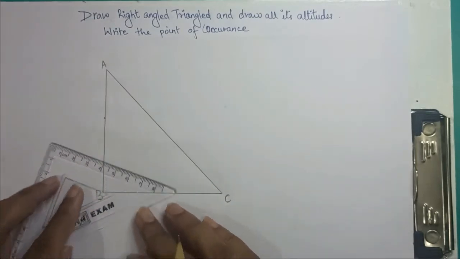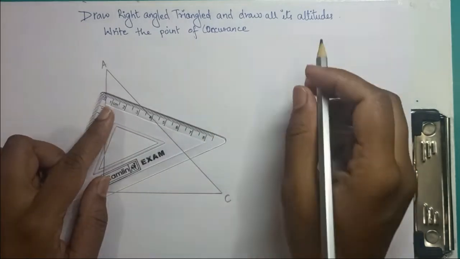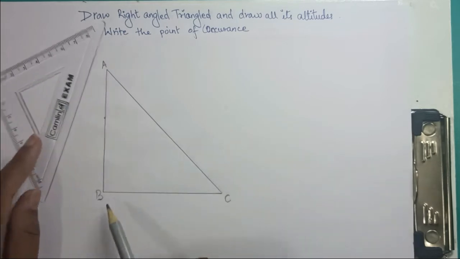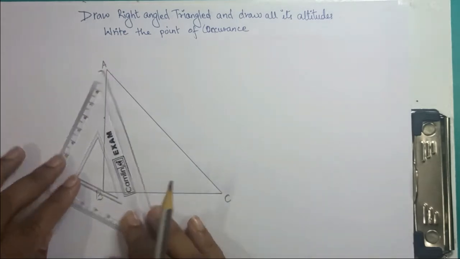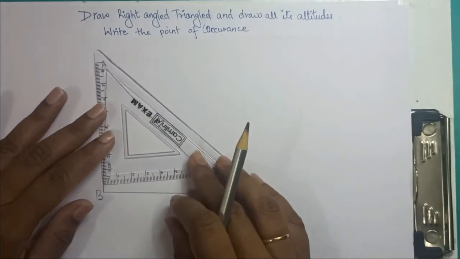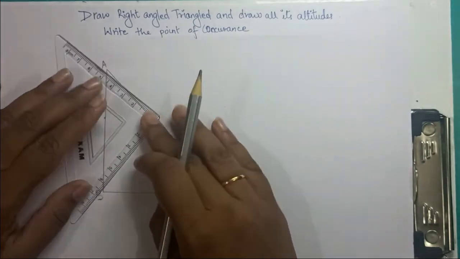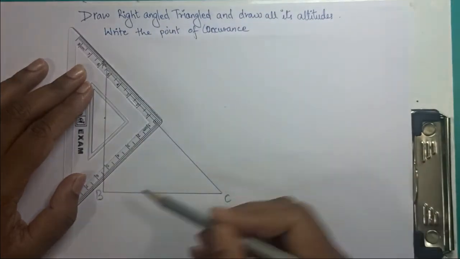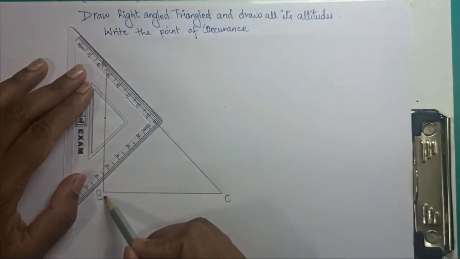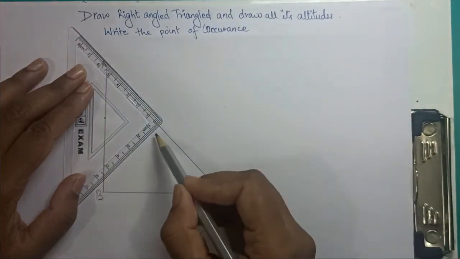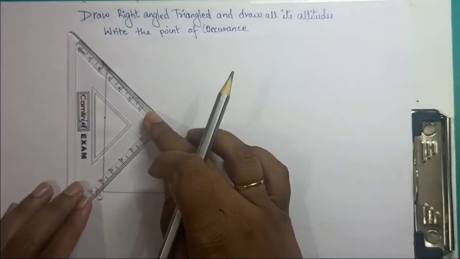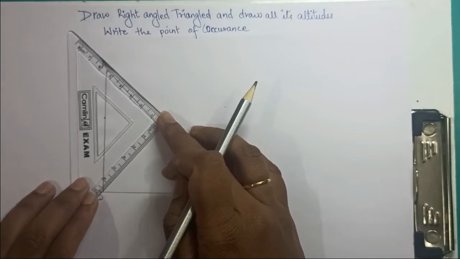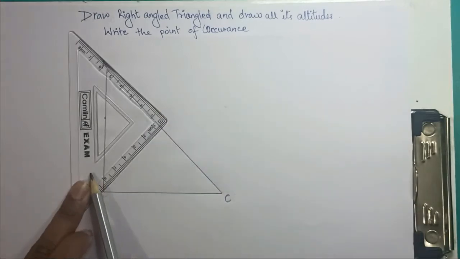Now I want to draw an altitude, correct? So we will draw the first altitude from the vertex B. We will keep our set square on the side AC, because from vertex B we will draw a perpendicular to its opposite side. So this is how you need to keep your set square, children.